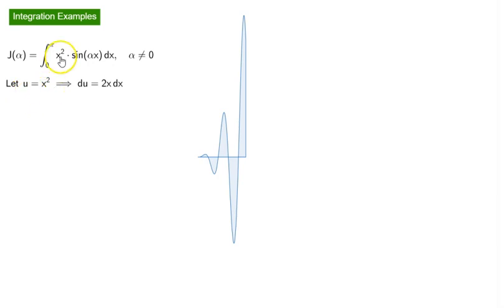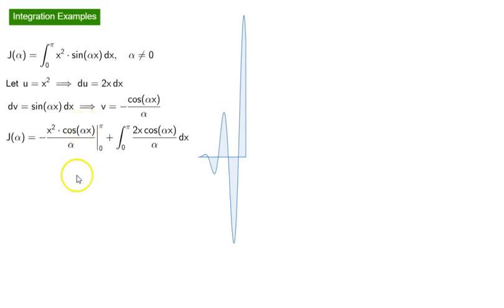So let u equal x squared, which implies du equals 2x dx, which means dv equals sine alpha x dx. Integrating both sides, we get v equals minus cos alpha x by alpha. Now we apply integration by parts for definite integrals.